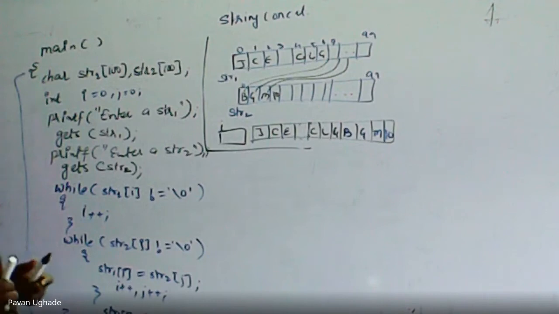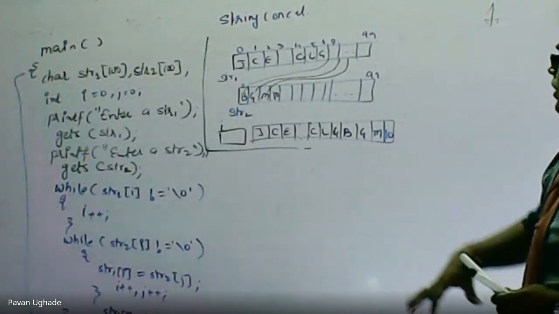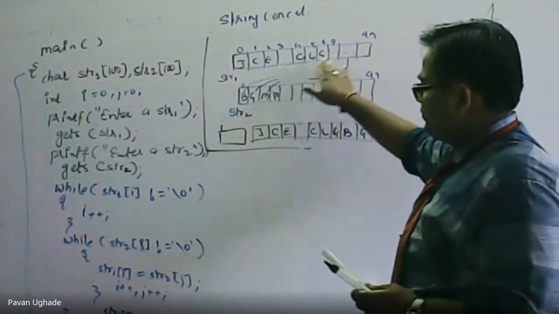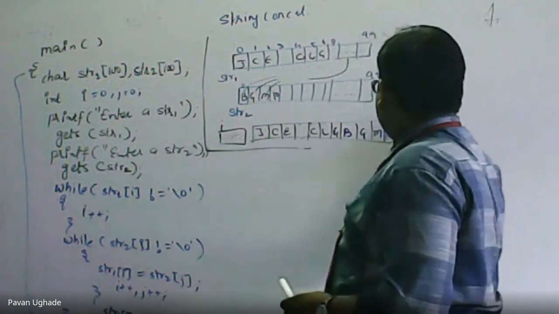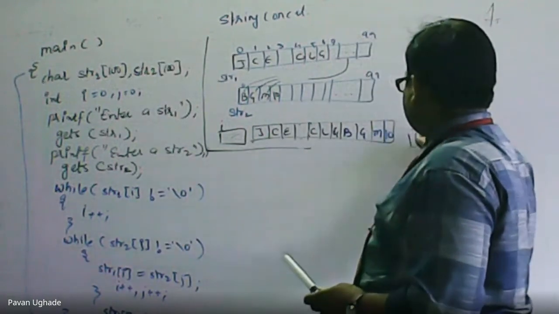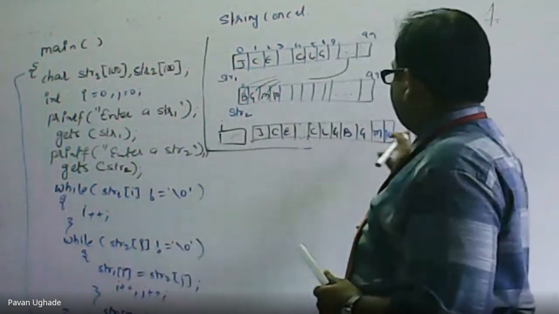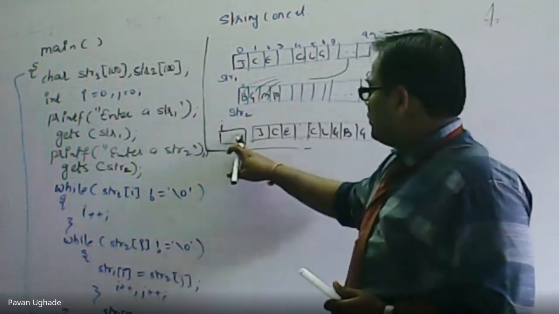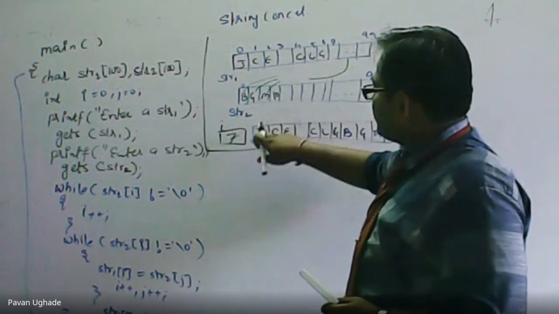So this is how you are going to make it quite clear, because you have to come here first, right? I hope there is no problem. So the I value you will be getting here is 7, and there will be another variable j which is initialized with 0. Now what happens? str2 of j is 0. Is it equal to backslash of 0? No. So we are going to copy into str1 of I. What is the value of I? It is 7. So here you are going to put str2 of j.